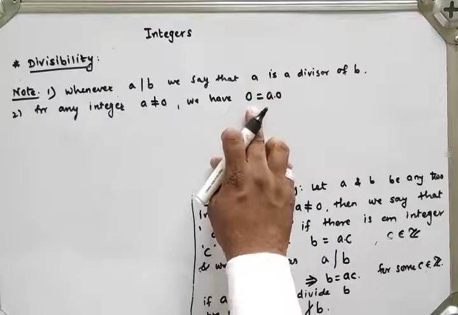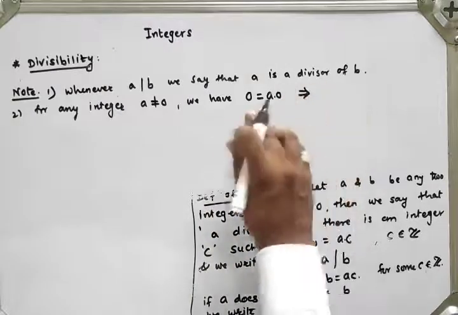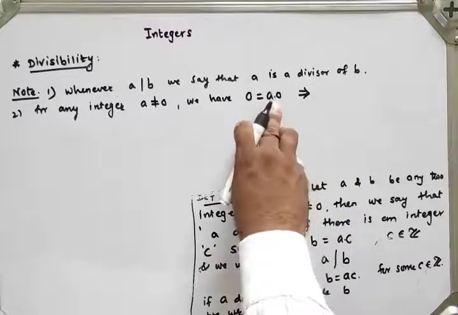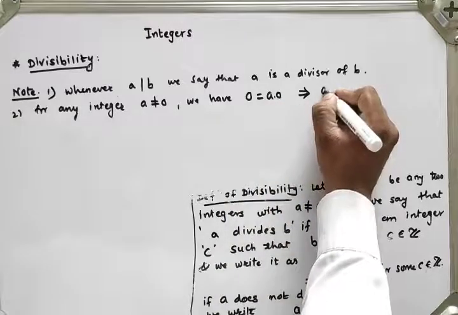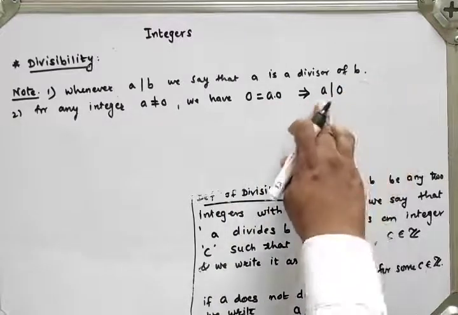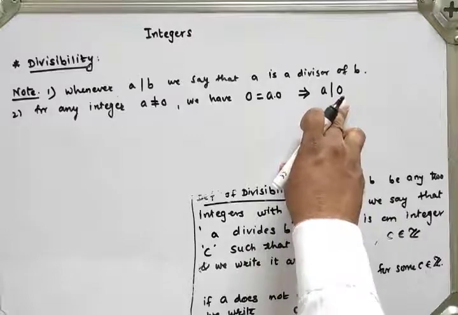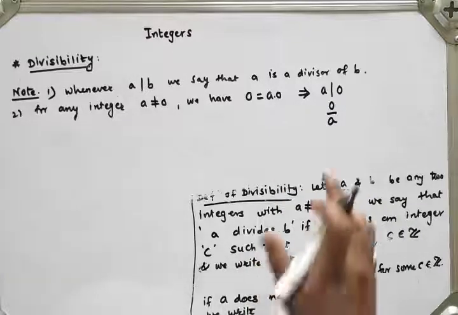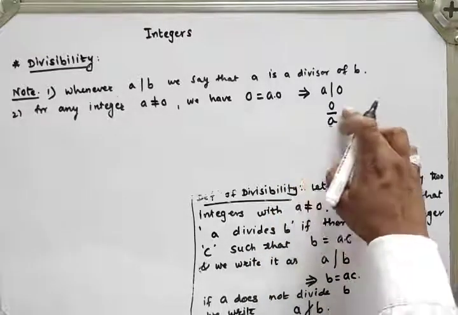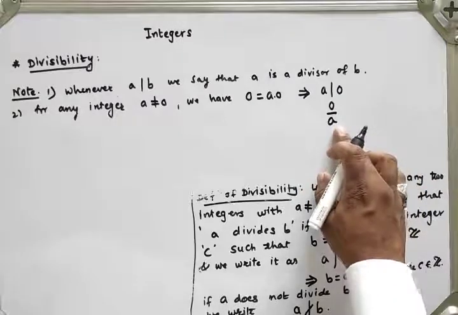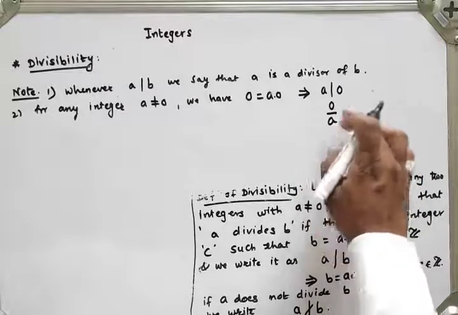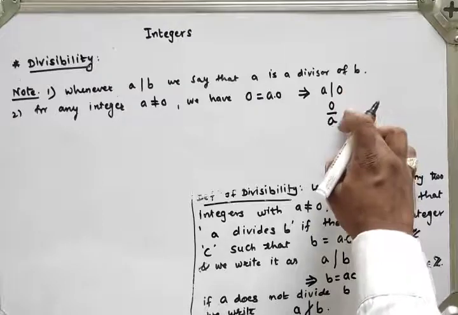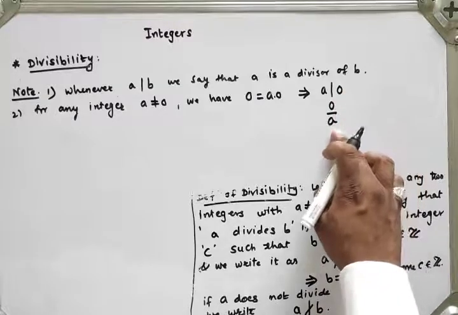Therefore 0 is a multiple of a, which means a divides 0. A non-zero number always divides 0, so 0 is divisible by any non-zero number.